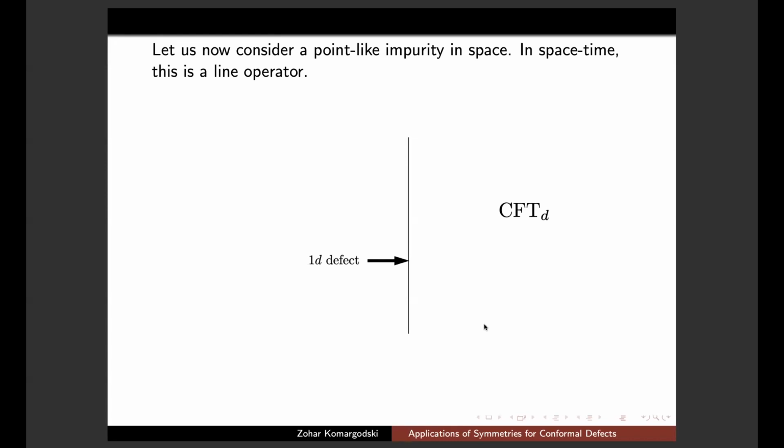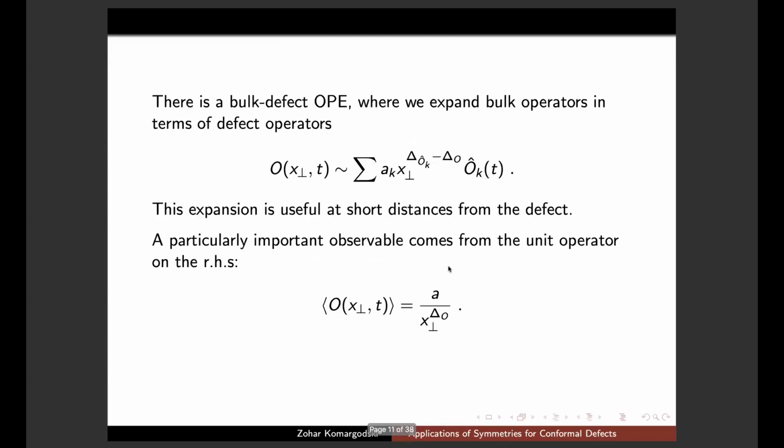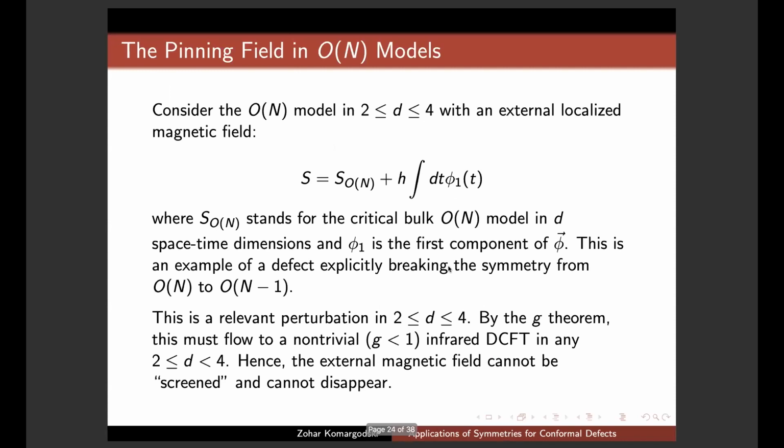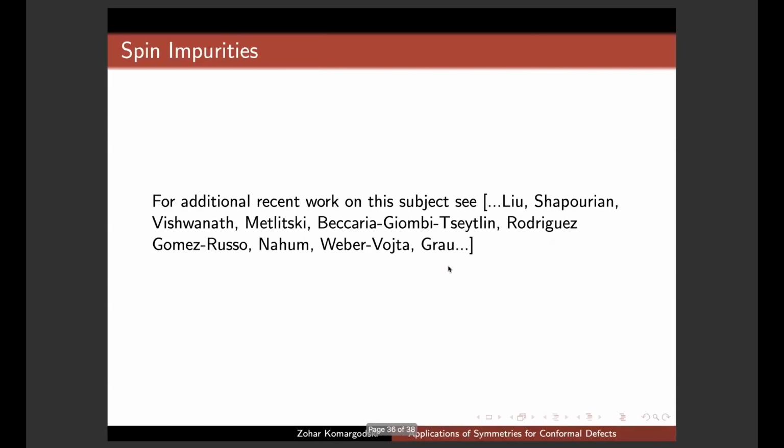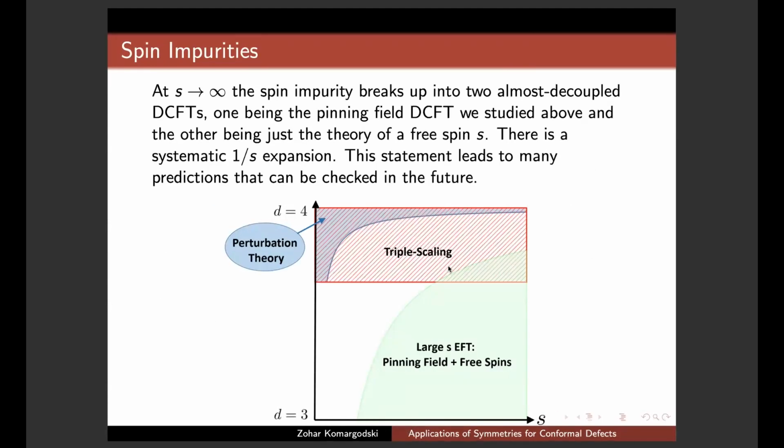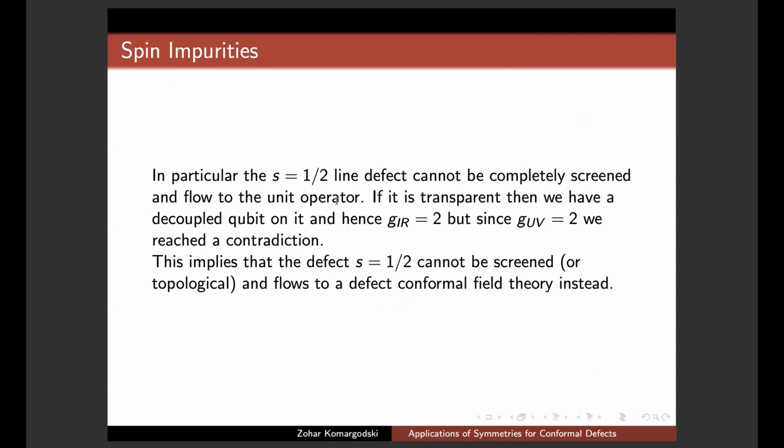Well, for instance in the last case that I mentioned, which is the Kondo spin in 2+1 dimensions, the theorem predicts that it cannot be screened.